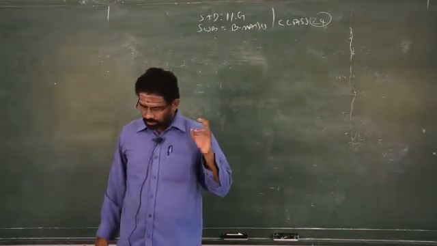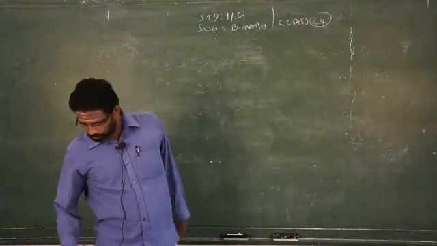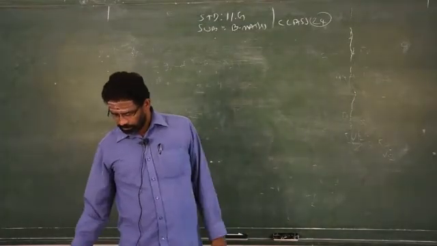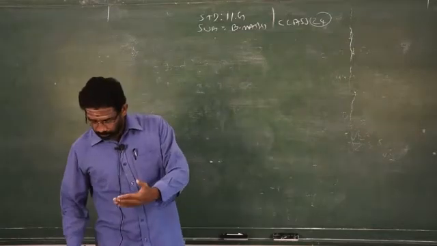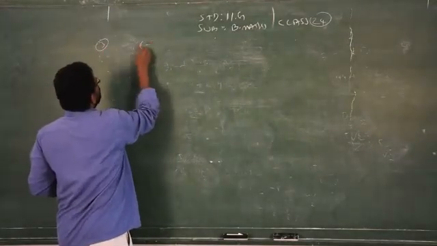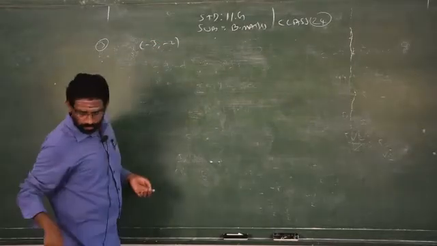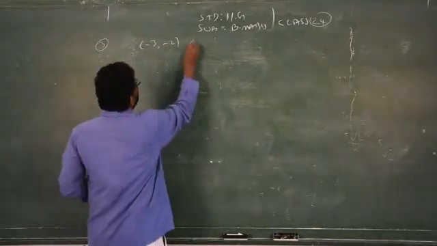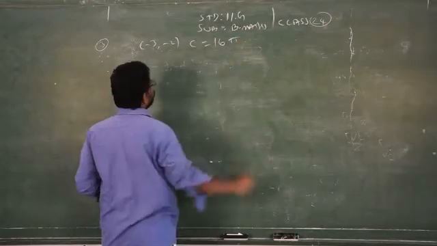Find the equation of the circle whose center is minus 3 comma minus 2 and having the circumference 16 pi. So center is given, minus 3 comma minus 2, circumference 16 pi.